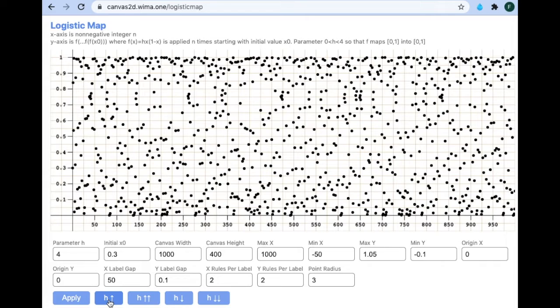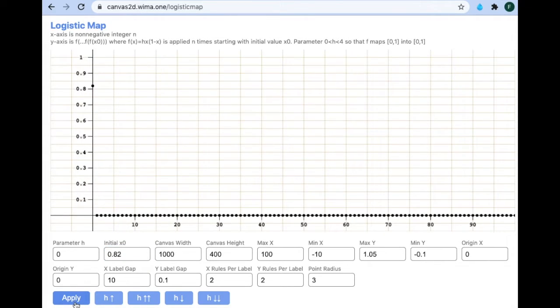Okay, let's see this process one last time, and this time with fewer points. So let's change the initial value, it doesn't matter that much. Okay, now I will increase h.